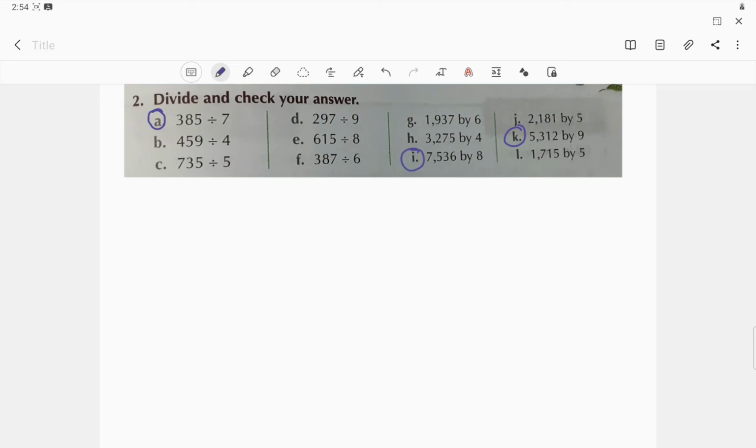So at first, question number A is given: 385, and you are dividing by 7. If you take 3, you can't divide, so you have to take 38 as a dividend. 5 7s are 35.